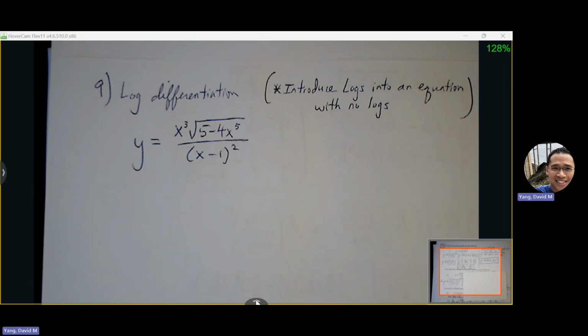So once we introduce logs into an equation, we can start separating all the different parts. The hope is that we can take one condensed problem, split it up into individual terms, and then the derivative will be a lot easier spread out across smaller problems.